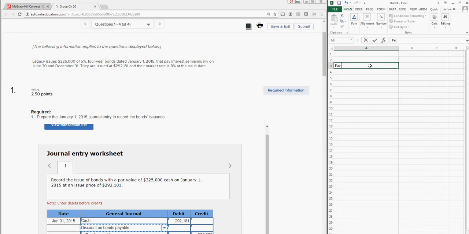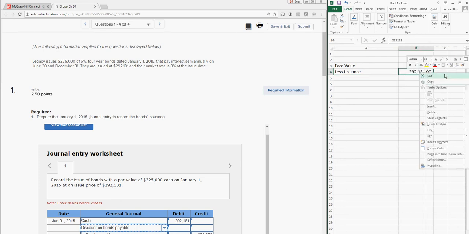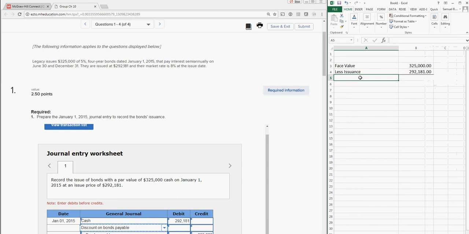The way we do that is we take our face value of $325,000 less our issuance of $292,181, and that will give us our discount of $32,819.